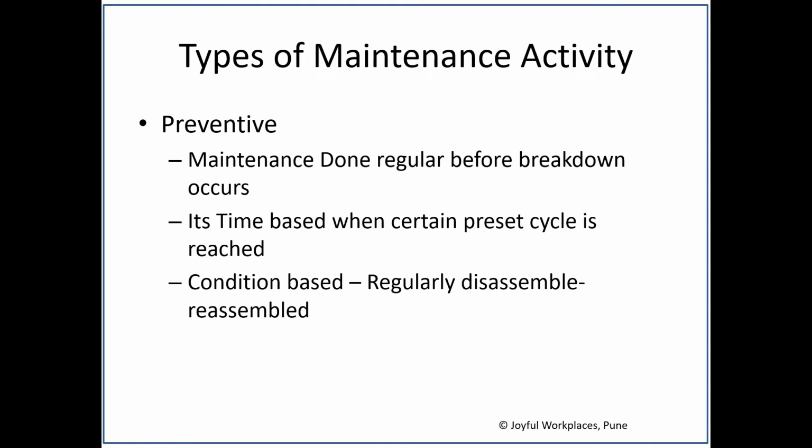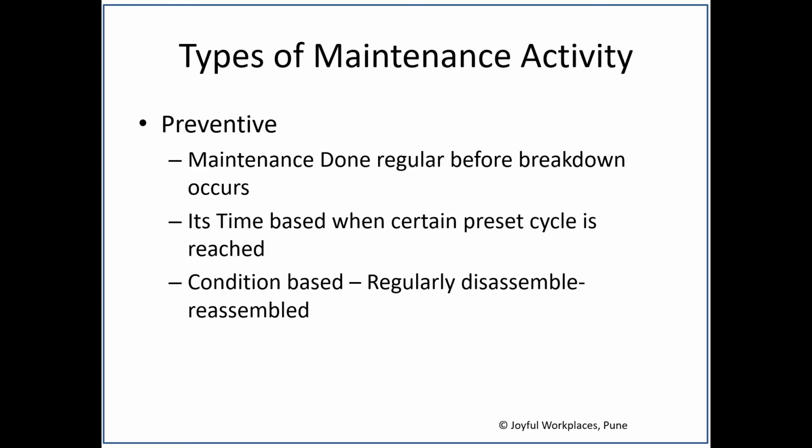While preventive maintenance and predictive maintenance are not reactive but proactive. That means before the machine goes into breakdown, we take all care to ensure that the machine won't break down. It is generally done regularly. Mostly it is time based, and sometimes it is condition based as well.